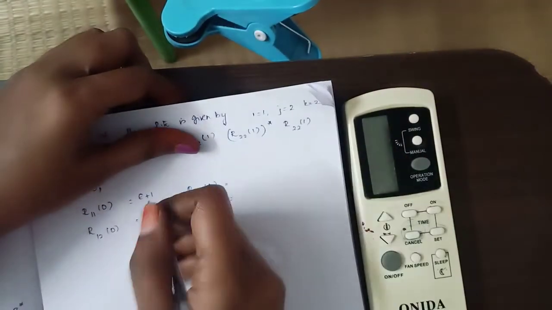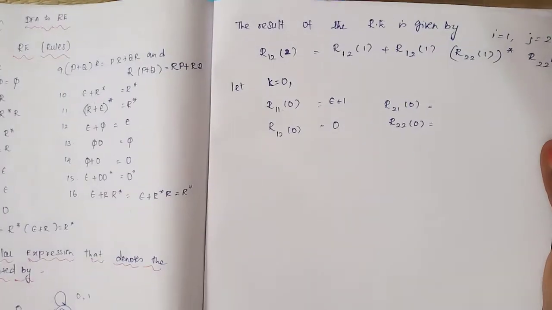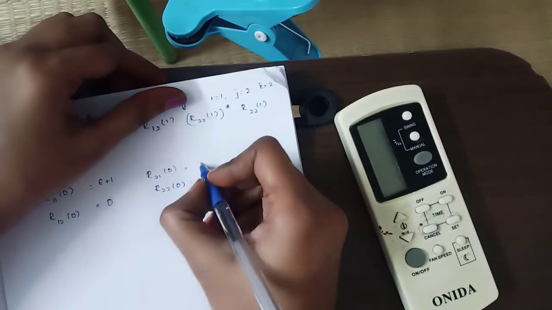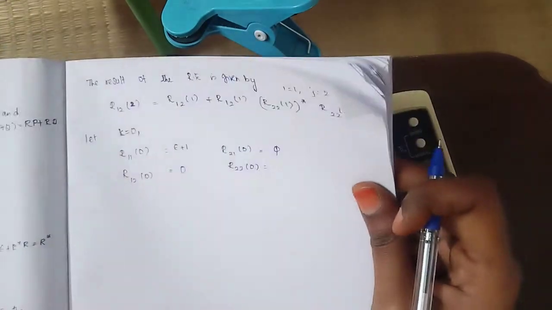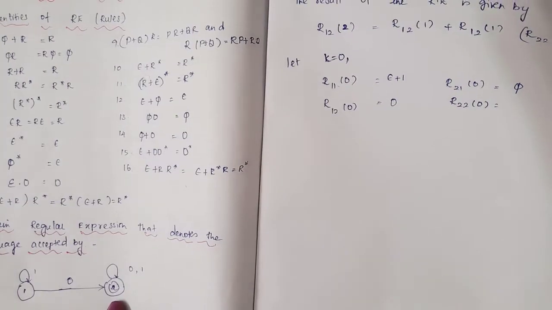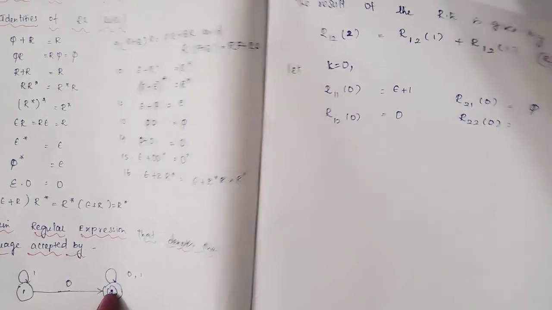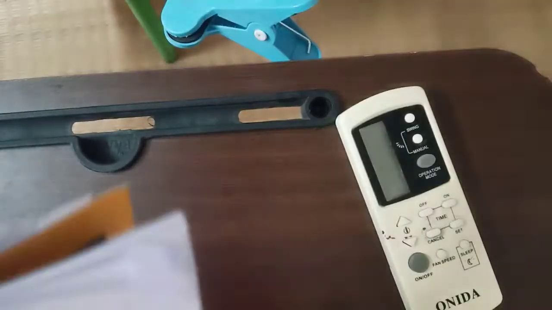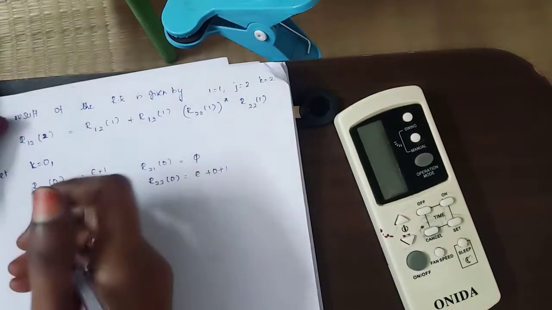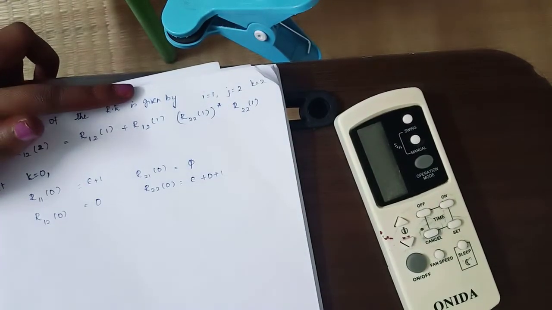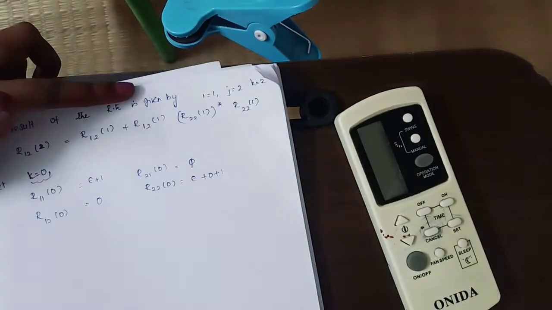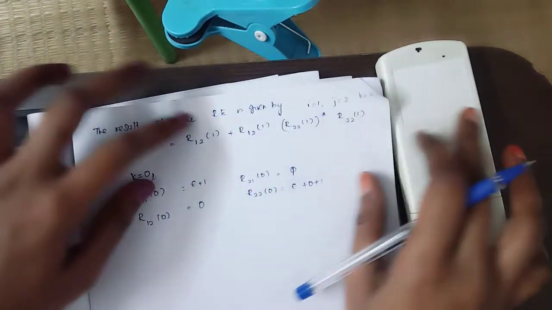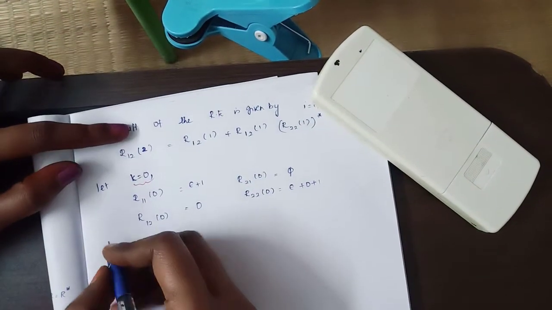R21 of 0: there is no transition from 2 to 1, so it is phi. And R22 of 0: each and every state has its own epsilon transition, so it is epsilon plus 0 plus 1. Okay, so this is known as k equal to 0. For the k value, it is like this. After that, we will have this.